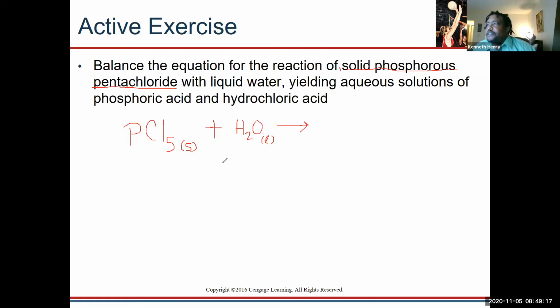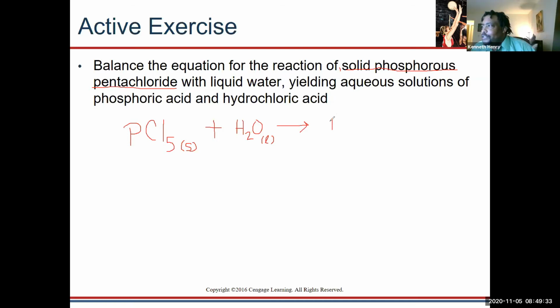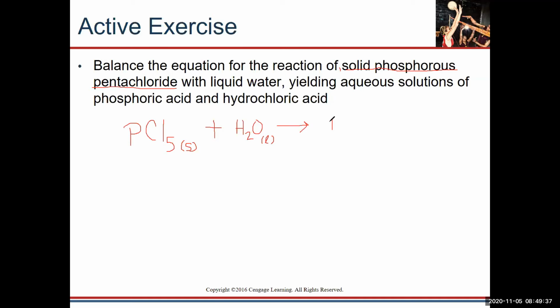Phosphoric acid. For this one, I always like to look at the ending. I know that it ends in ic, so I know that it comes from ate, because I ate organic apples. So it came from phosphate, which has a charge of -3, so we'll need 3 hydrogens, making it H3PO4.